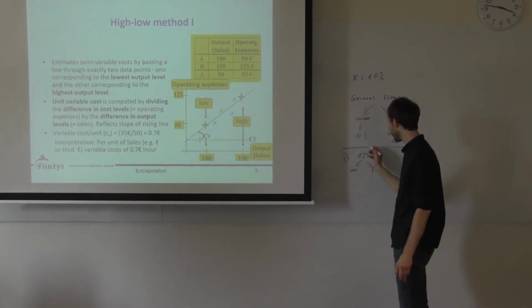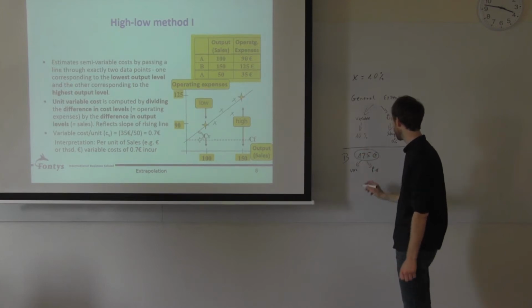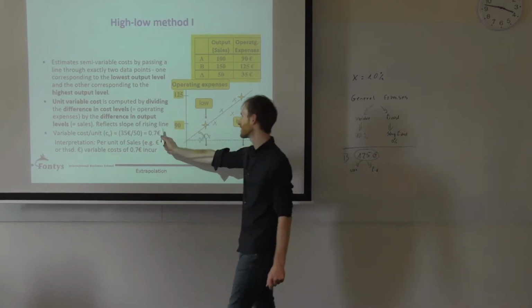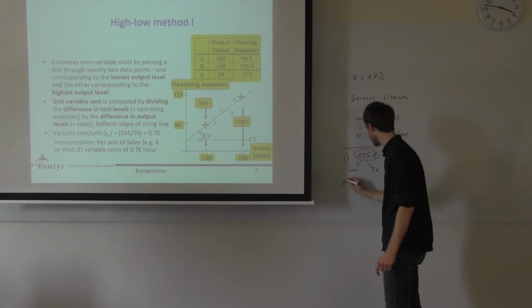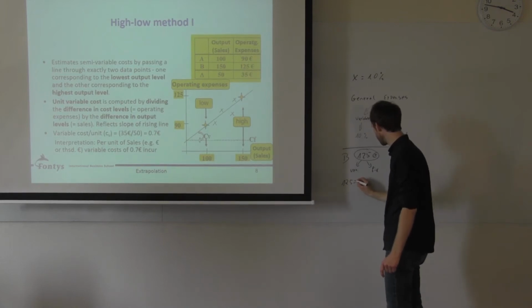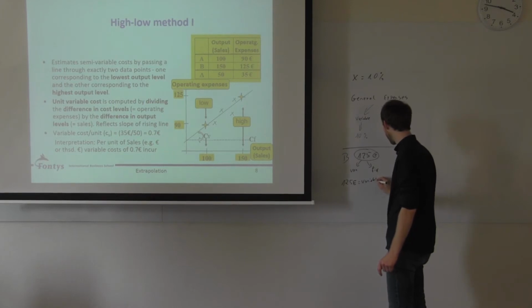So we know the total costs are variable plus fixed, and if we know that 70% of revenue is cost, then it's going to be very easy. So we have 125 euro equals variable plus fixed cost.